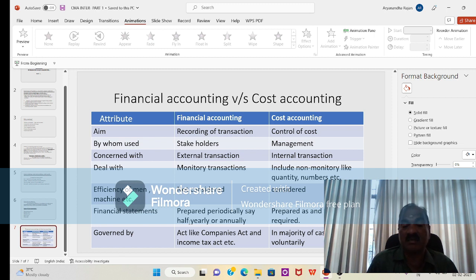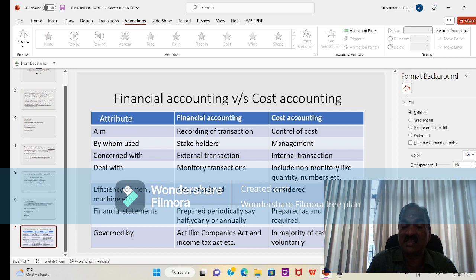Then financial statements. Usually organizations prepare financial statements, which include the balance sheet, profit and loss account, cash flow, notes on accounts, etc. These financial statements are periodically prepared. Say in the case of a listed company, half yearly accounts will have to be published.